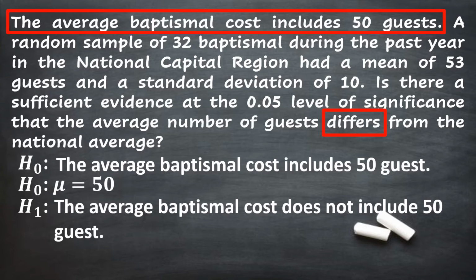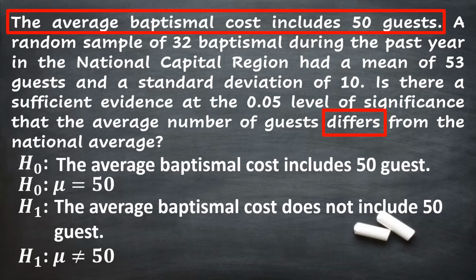Now, ma'am, I have seen some statistical books wherein they use the greater than or equal to symbol or less than or equal to symbol for null hypothesis. It is also acceptable. But just to be safe and so you won't get confused, we will just use the equal sign for all the null hypotheses that we will encounter.